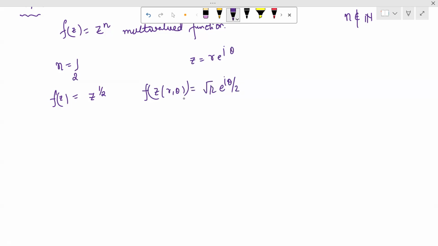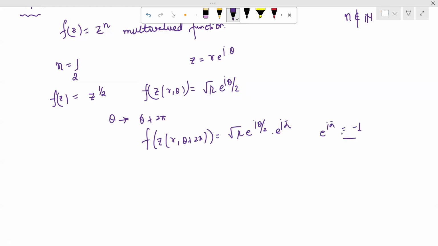Fine. Now, if I take a transformation where θ is rotated and now θ becomes θ + 2π, then f(z) at (r, θ + 2π) would be simply equal to what? It will be equal to root r e^(iota θ/2) into e^(iota π). And what is e^(iota π)? It is simply -1.